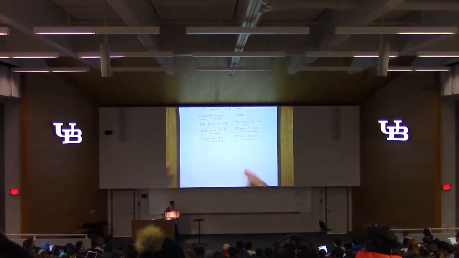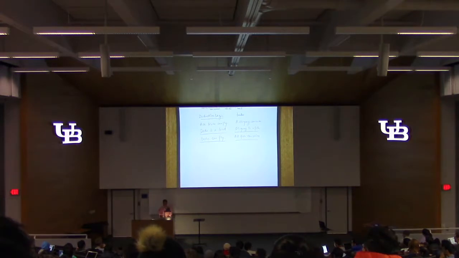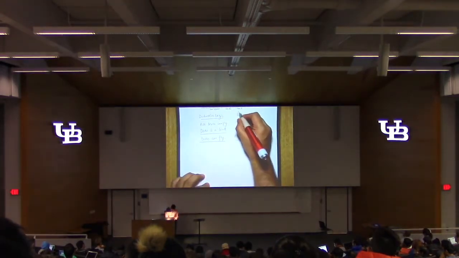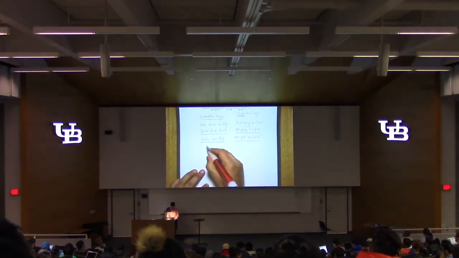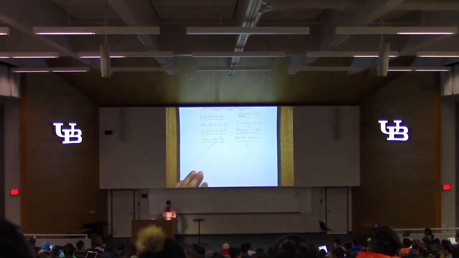Is that logical? There's something wrong with that, right? You're trying to generalize based on one observation, right? So that is what we call inductive logic. Of course this seems correct, this seems completely wrong, right?